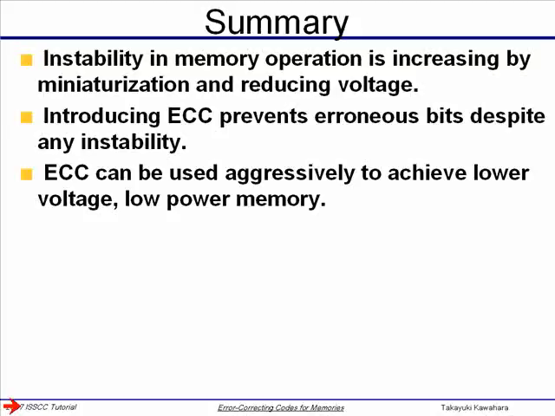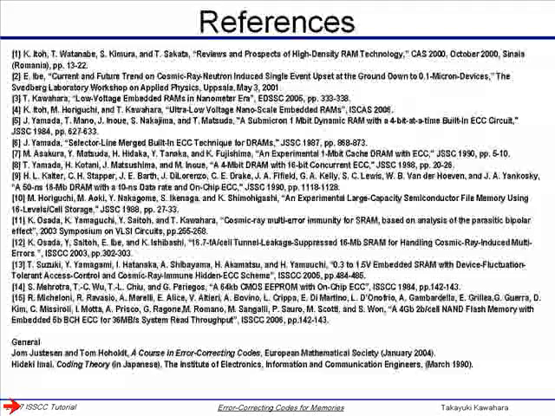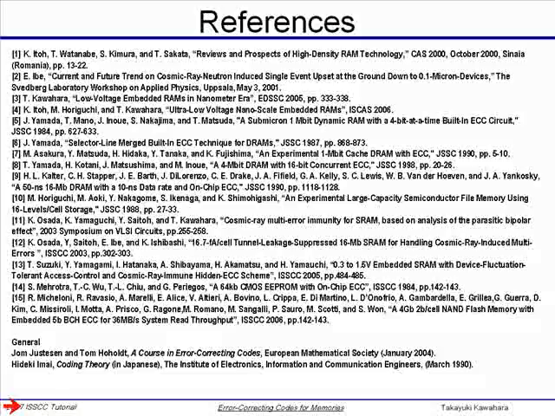I added many references about actual examples of memory. I think the major SRAM and DRAM examples are summarized here. As a general textbook, I think this one, the European Mathematical Society's A Course in Error Correcting Codes, is very compact and very good.